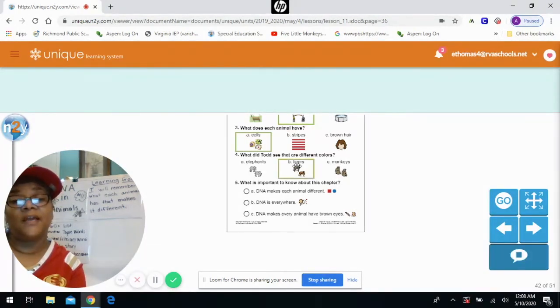He saw, yes, different colored tigers. What is important to know about this chapter? Is it A, DNA makes each animal different? B, DNA is everywhere? C, DNA makes every animal have brown eyes. Which one is it? DNA makes each animal different.